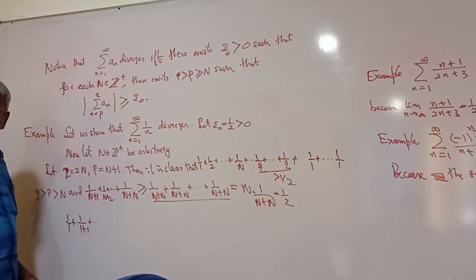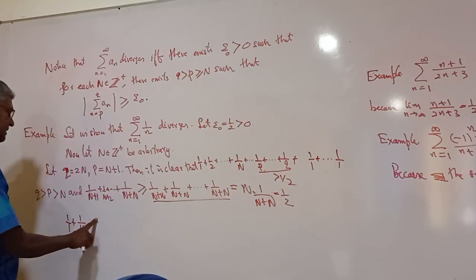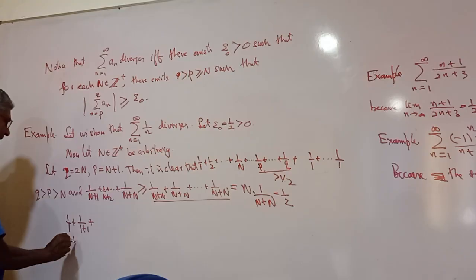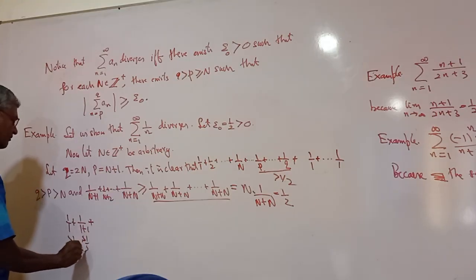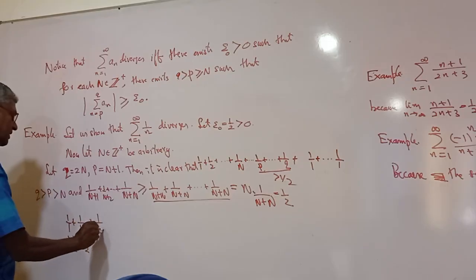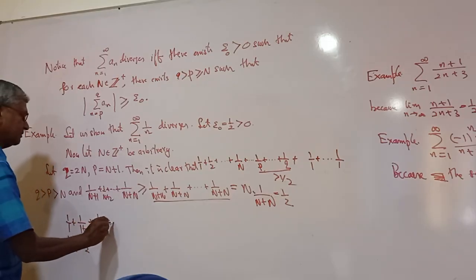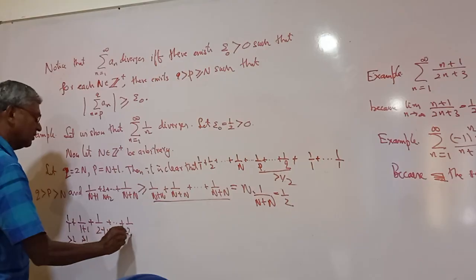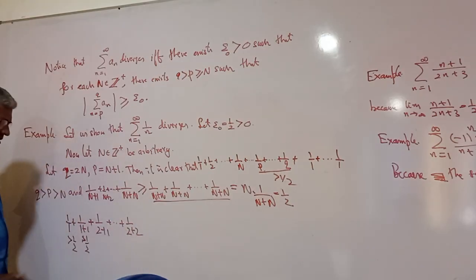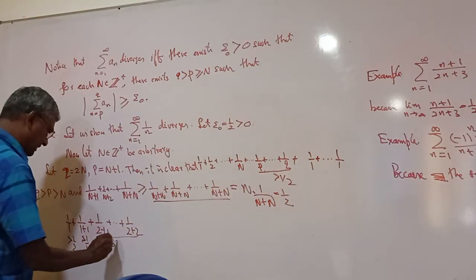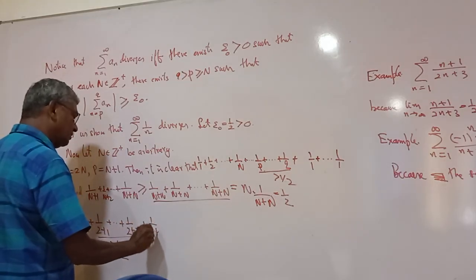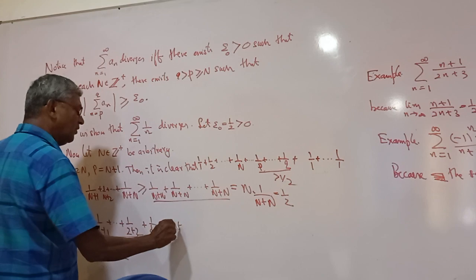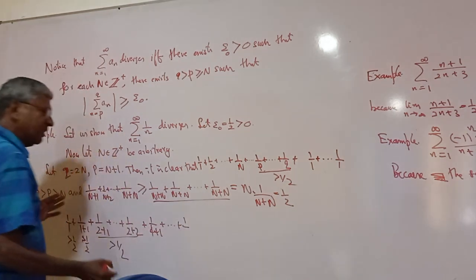This one is greater than or equal to 1/2. Then you get 2 plus 1 to 2 plus 2; this block is greater than 1/2. Then you get 4 plus 1 to 4 plus 4.